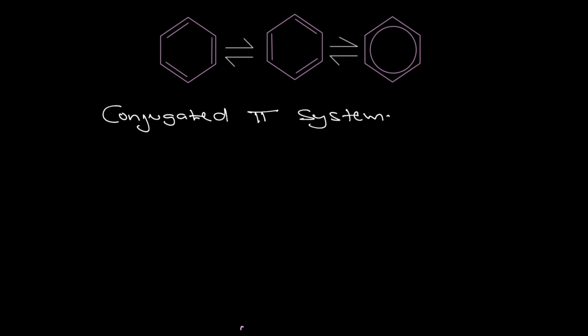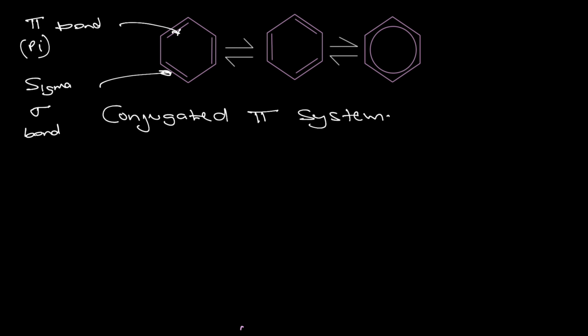Why pi? Because this one here is a sigma bond and the top one is a pi bond. So I could use an arrow diagram to describe that. That one here is a sigma bond, which has a symbol like that. So that's a sigma bond. And the top bit here will be a pi bond, which is the symbol pi.